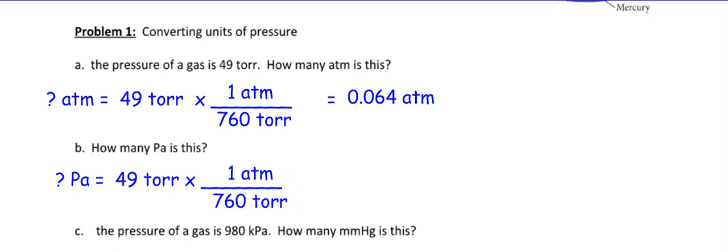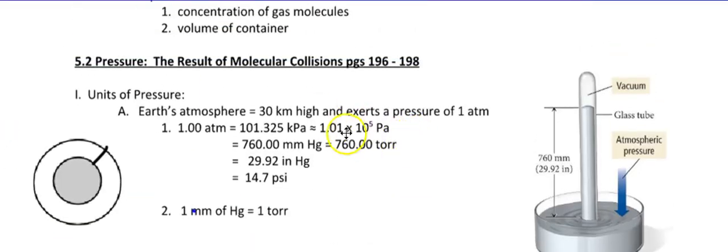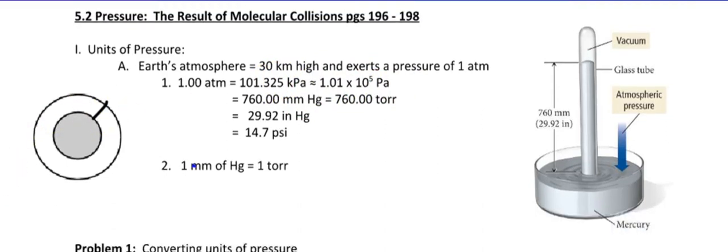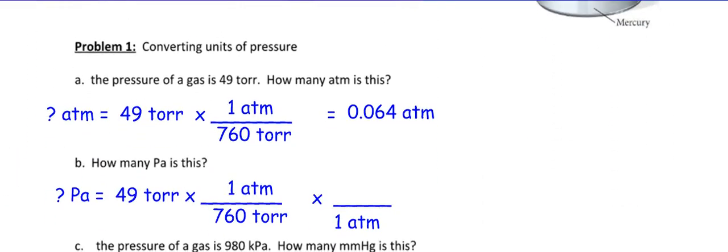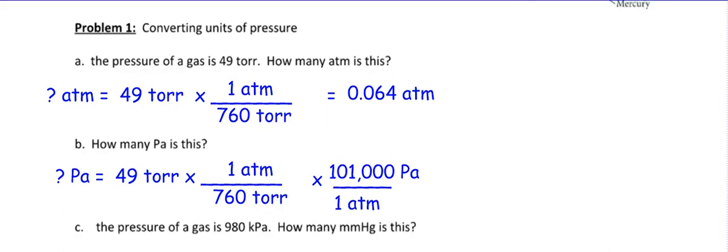But I'm not done yet because I don't want atmospheres, I want pascals, so I'll put atmospheres on the bottom and scroll back up. 1 atmosphere is, oh, here it is, 1.01 times 10 to the 5th pascals, or 101,000 pascals. Go ahead and do your math to 2 sig figs. What are you going to get? All right, you get this.